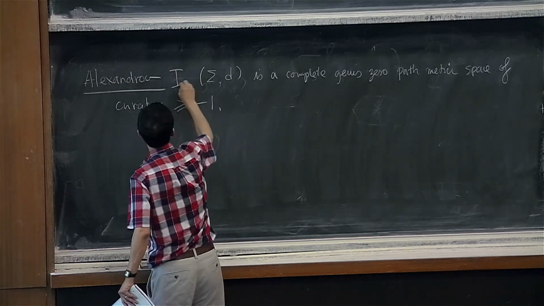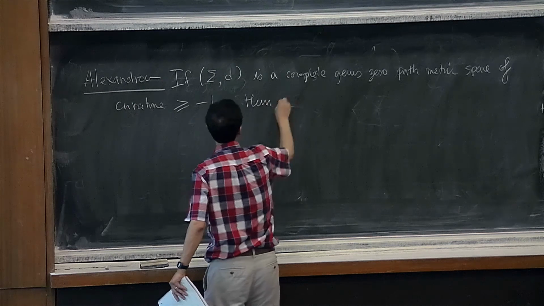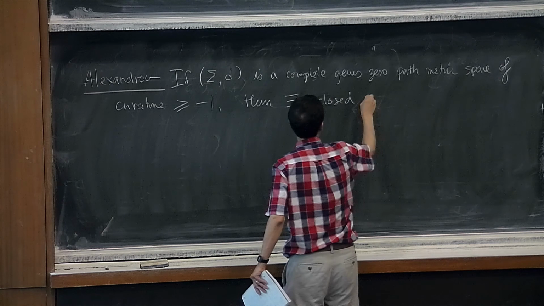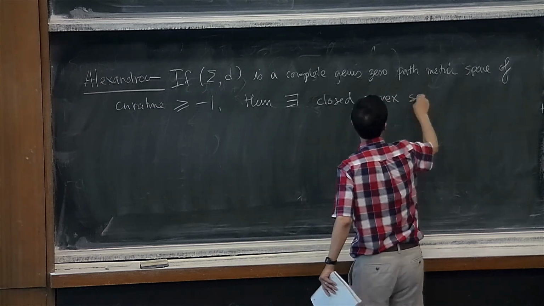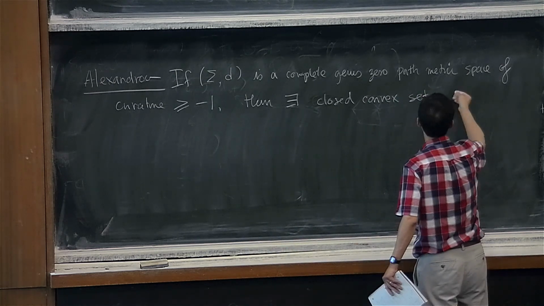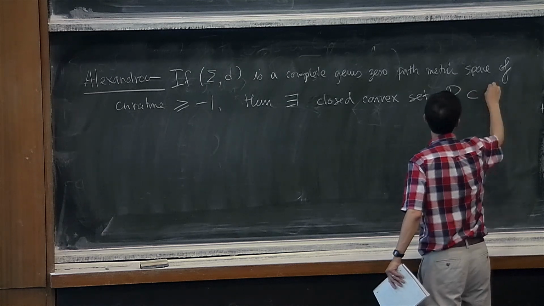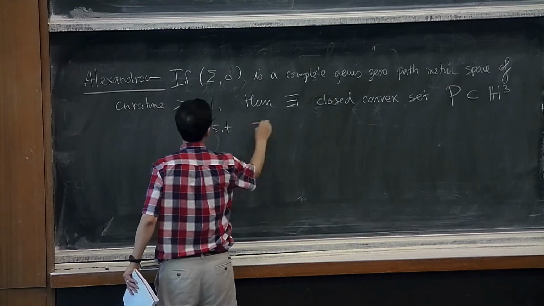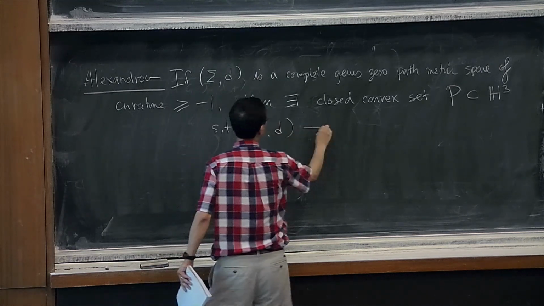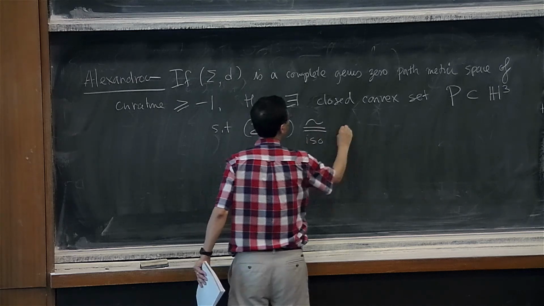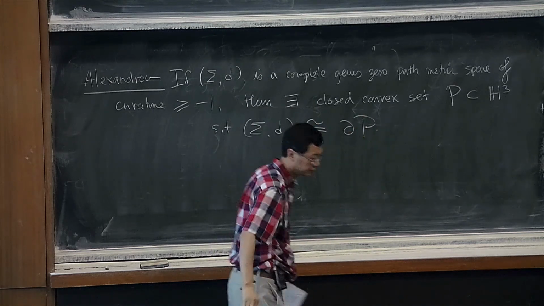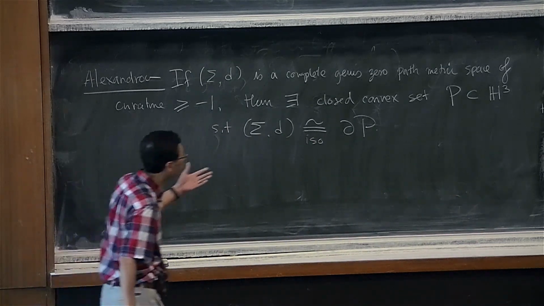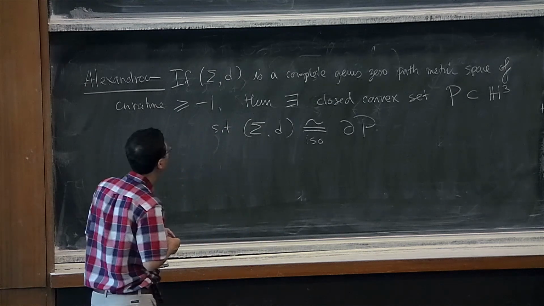So if this is so, then you can find a closed convex set P in the hyperbolic space such that D is isometric to its boundary. There is no compactness assumed, and the uniqueness is definitely false in this generality.